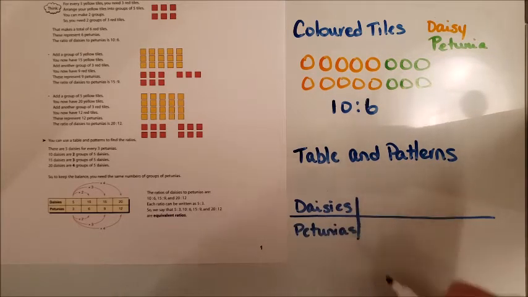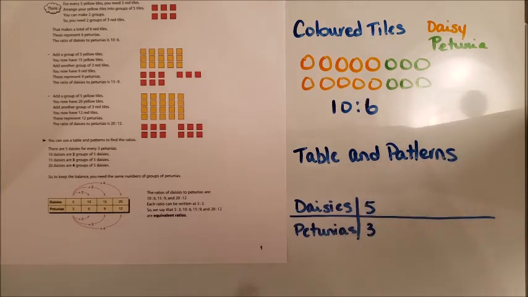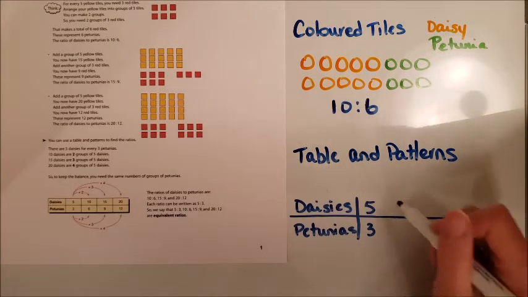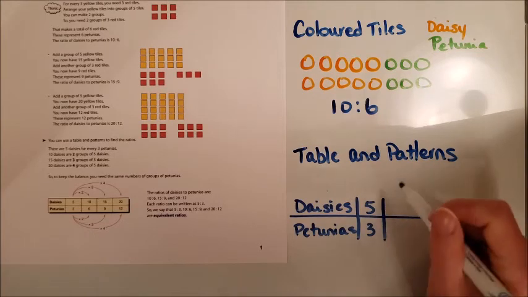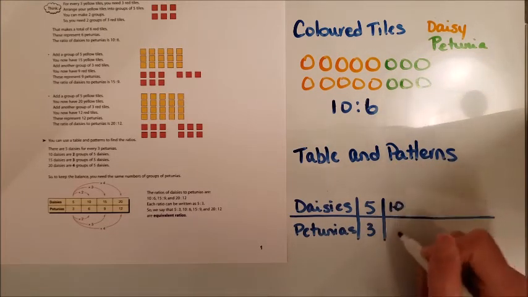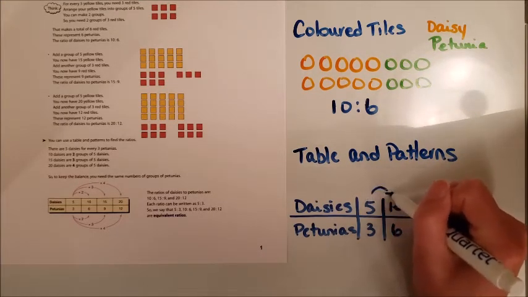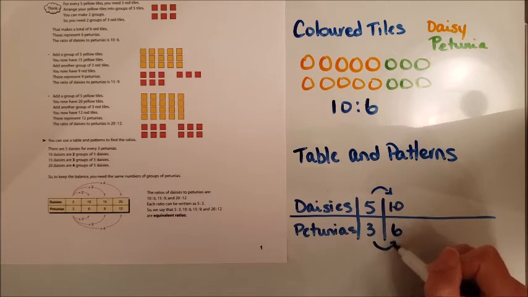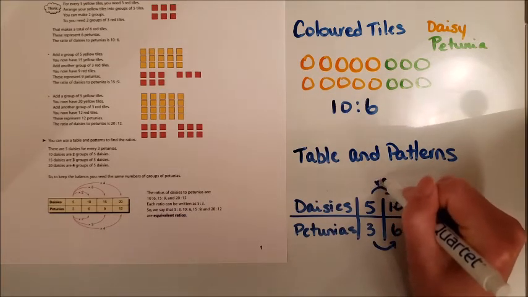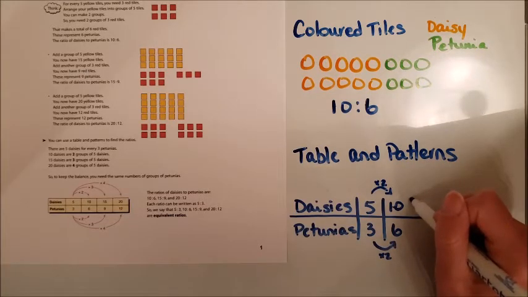Now, we know that initially we have 5 daisies for every 3 petunias. Now, as we continue to grow, I know that if I have 10 daisies, I'm going to have 6 petunias. So I can look at this and say, what did I do here? And in both cases, I multiplied by 2.